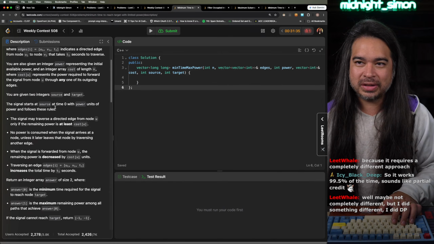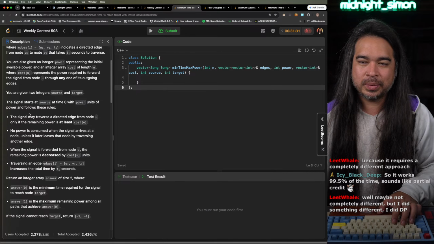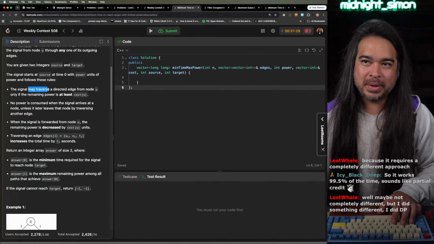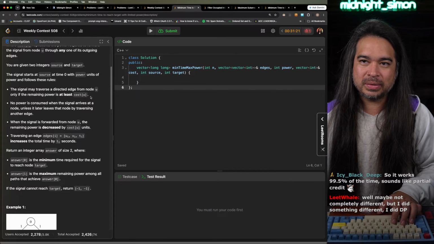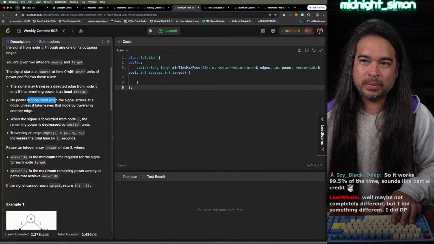The signal starts at source at time 0 with power units of power and follows these rules. The signal may traverse a directed edge from node u only if the remaining power is at least cost[u]. No power is consumed when the signal arrives at a node unless it later leaves that node by traversing another edge.